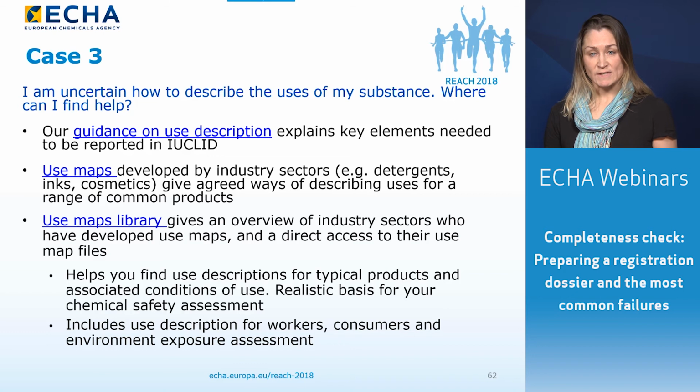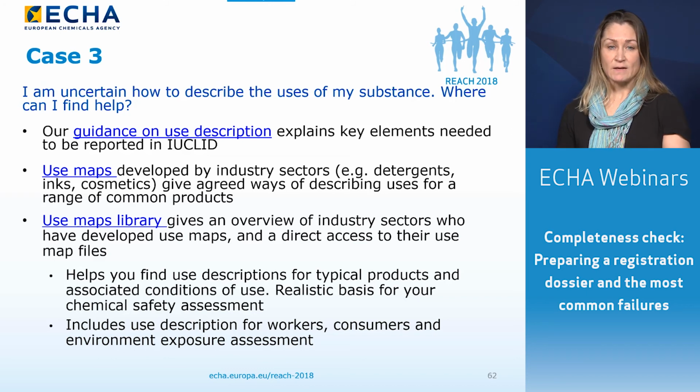If the industry sector covers the product your substance is in, you are able to benefit from the use maps. The aim is to support registrants in preparing their chemical safety assessment. The use maps can also be used after the 2018 registration deadline to update the registration dossier and exposure scenarios.